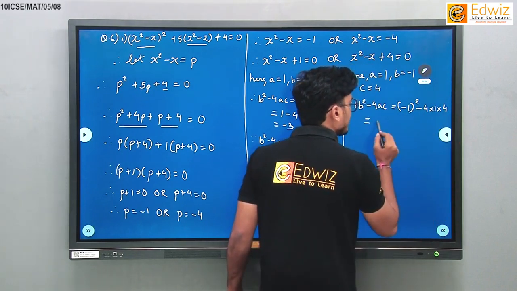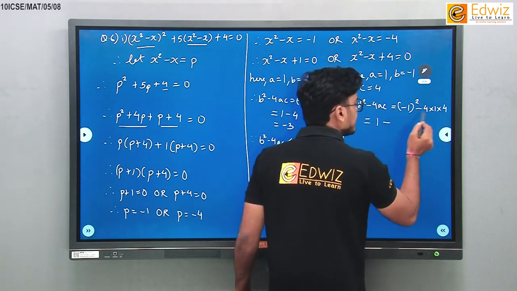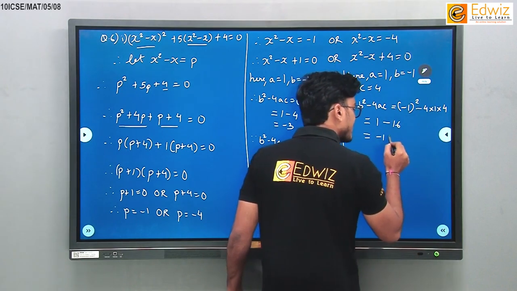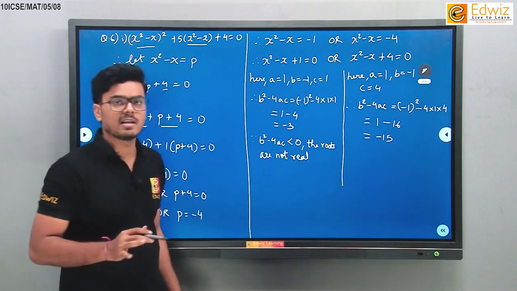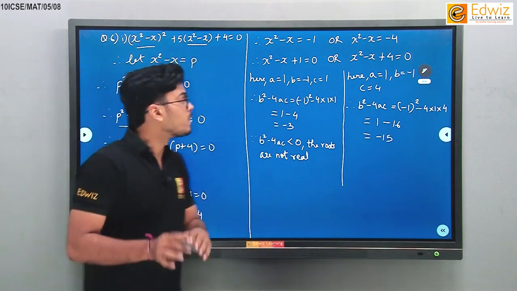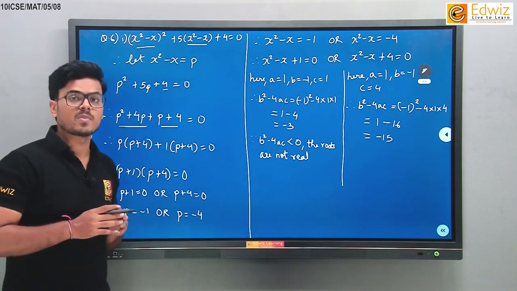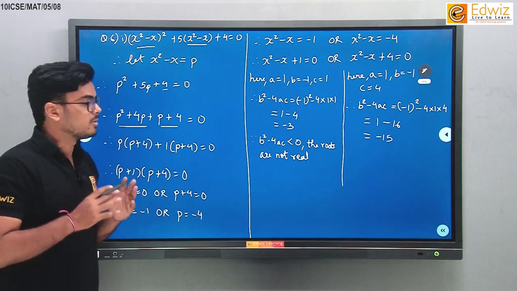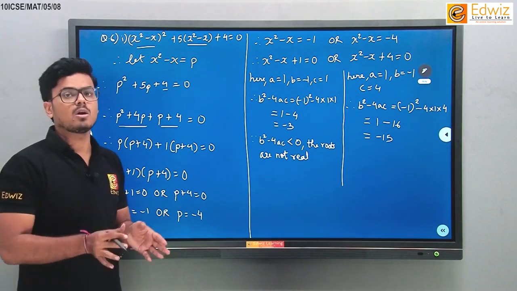So this time it will be minus 1 square 1, minus 16. So again we are getting minus 15. Even this equation will have no real roots. For both the equations the roots are not real.